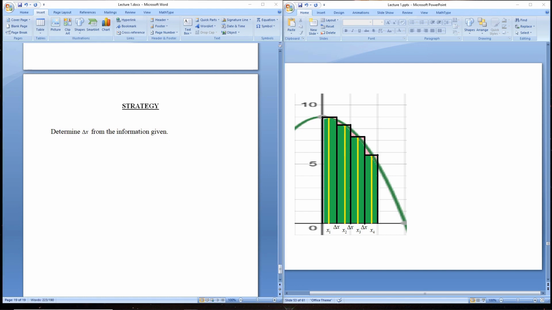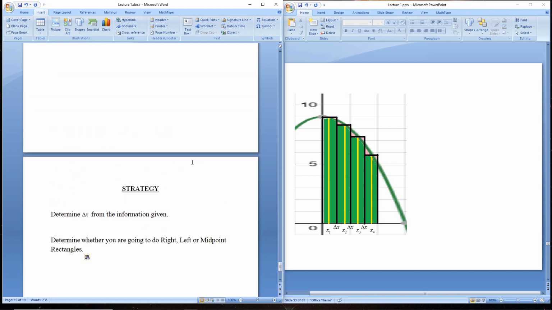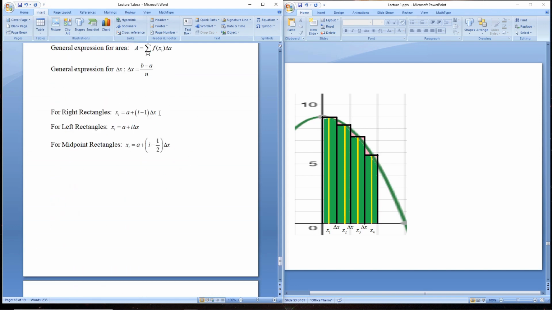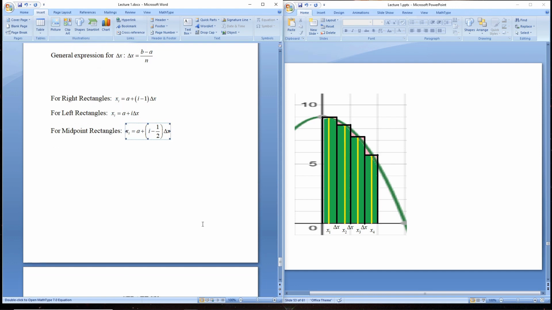Once you have your delta x, the next thing you want to do is determine whether you're going to do right, left, or midpoint, because you have to determine which x sub i expression you're going to use. So once you get delta x, you have to determine if you're going to do right, left, or midpoint.